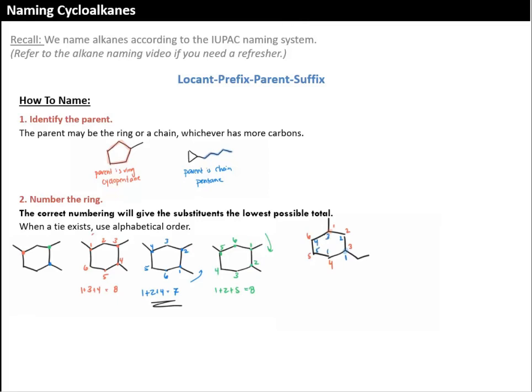Now both of these numbering schemes will sum to 4. Both have substituents in the 1 and 3 positions. So here to distinguish, we go alphabetically, and we give the higher priority, or the lower number, to the first alphabetically. So comparing methyl and ethyl, the ethyl group has the higher priority. So the ethyl group will be position 1, and this compound will be named 1-ethyl-3-methylcyclohexane.